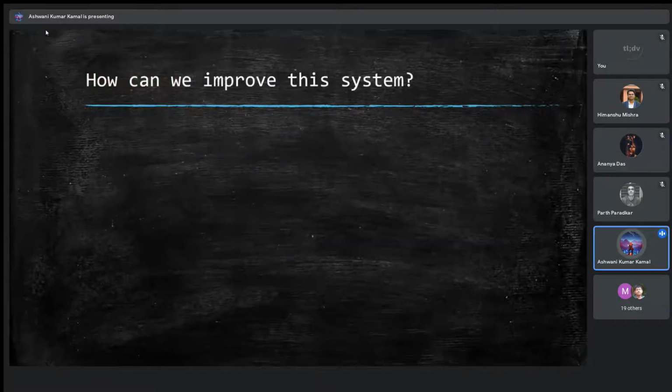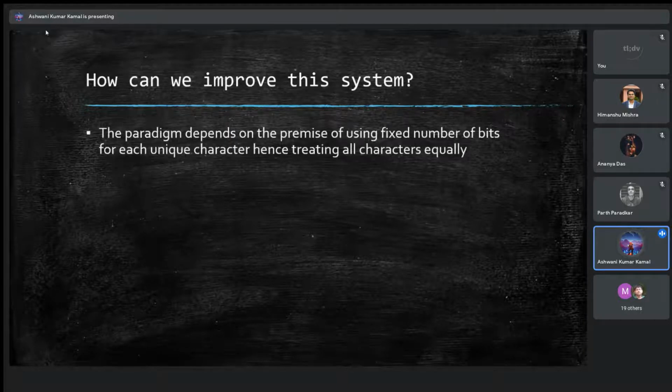Now, after devising this algorithm, of course, mathematicians had to go further and improve this system. How can we improve this system? So this paradigm depends on the premise that it is using a fixed number of bits for each unique character, hence treating all the characters equally.